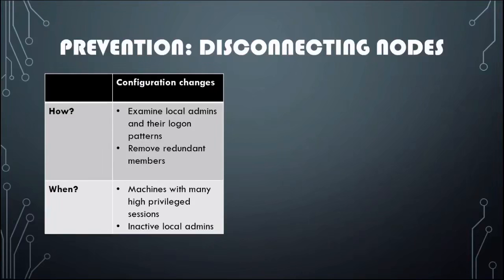This solution would be most common for scenarios with vulnerable machines that constantly have many high privilege sessions, but also many inactive local admins. This shows us that maybe that is the misconfiguration and that local admin should not be present there. This is a pretty simple change, and remember that every time you have a less privileged domain account that has local admin privileges on a vulnerable machine, you are adding an additional attack path in the underlying graph.